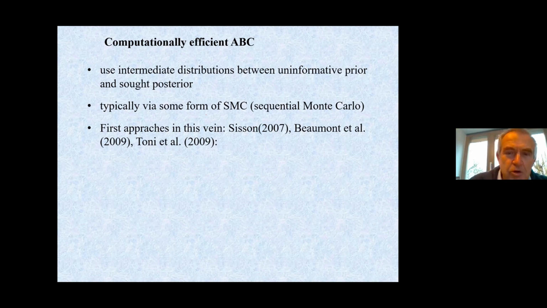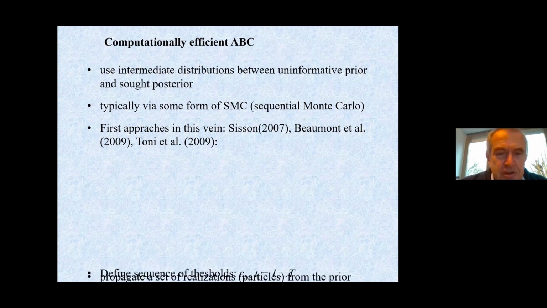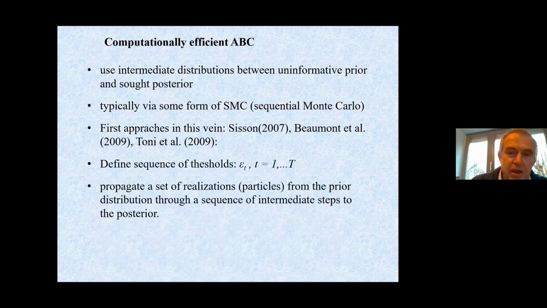There are a number of approaches that appeared about 10 years or a bit longer ago that provide different alternatives to how exactly to do that. You define different thresholds, epsilon t, and t is then the round, so to say, the iteration of the methodology.